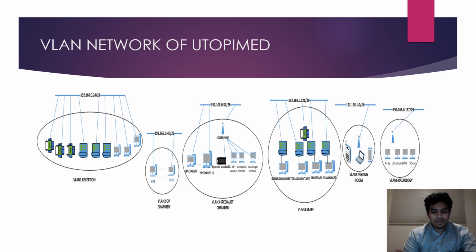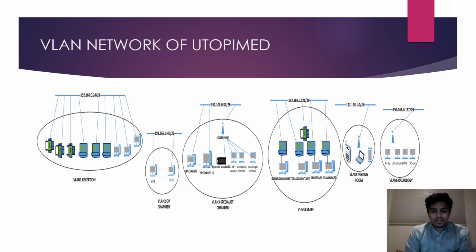There will be no staff VLAN there. It is very easy to manage things when we go for virtual LANs, which makes it easy to write policies for each group of members present in the VLAN.